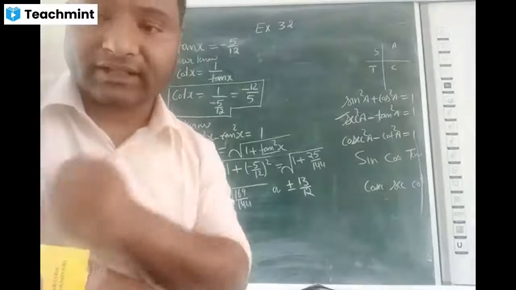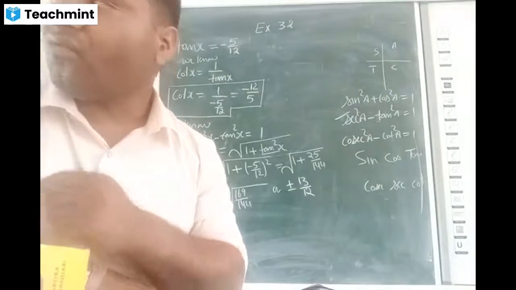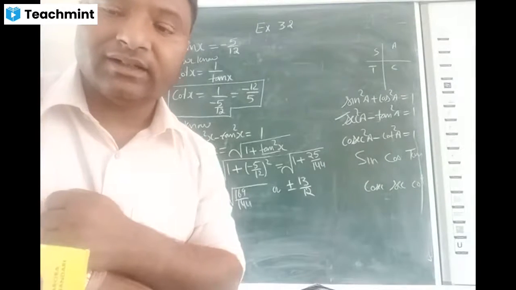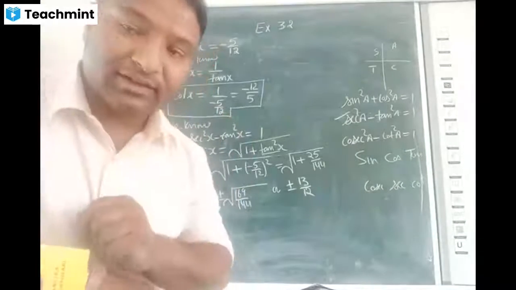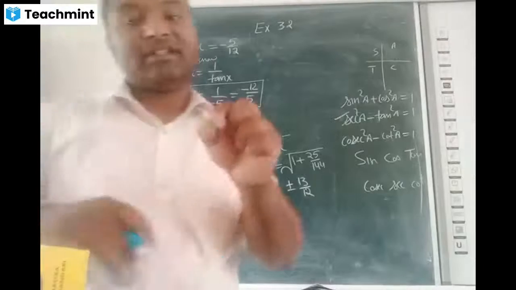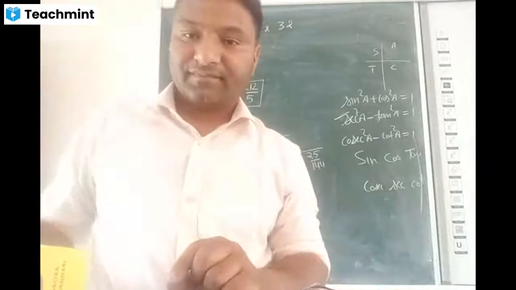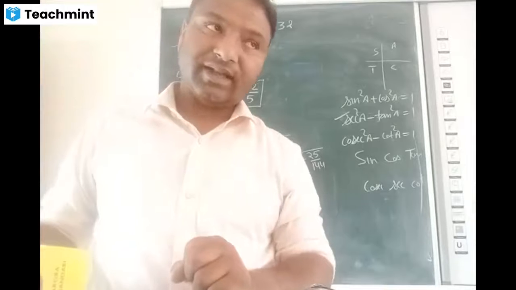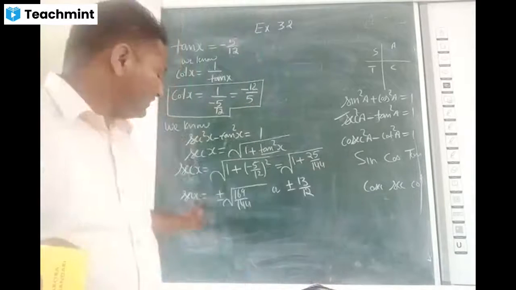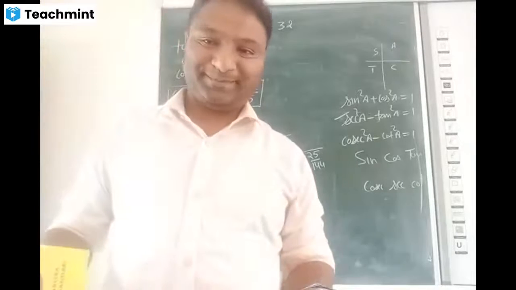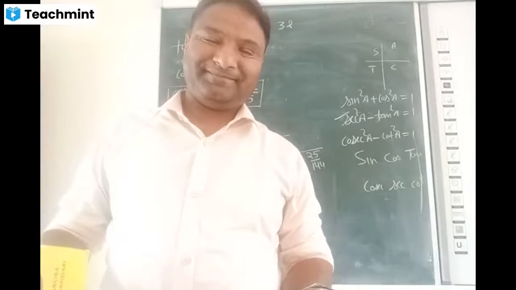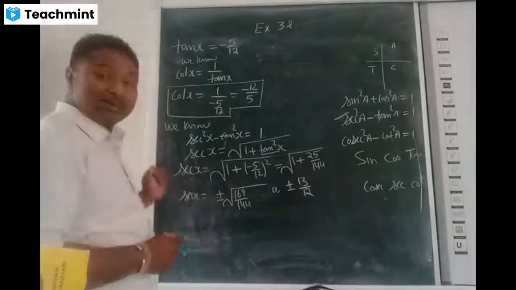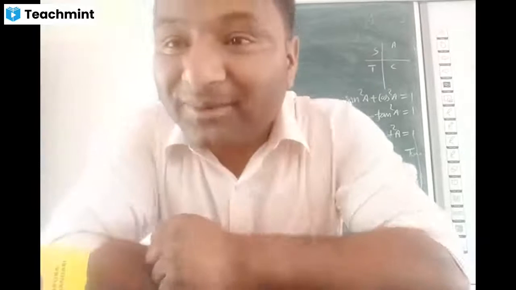So to remove that confusion, which concept do we have to use? The concept is: the x value lies in which quadrant? Second quadrant. And in the second quadrant, is secant positive or negative? Negative.